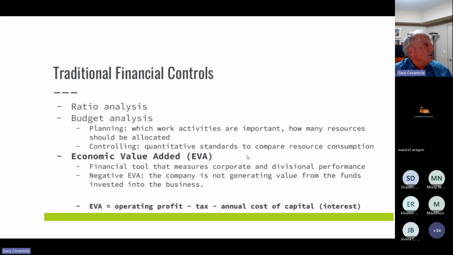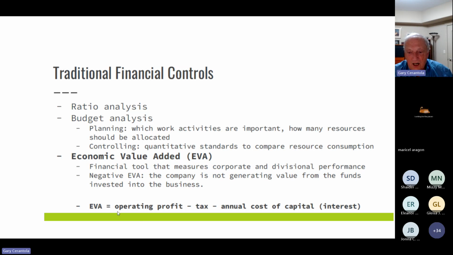The last section is on economic value add. That's where your financial analysis comes in big time, and you measure your corporate overall company and divisional performance, your divisions or your departments. You're looking at this formula for economic value add.